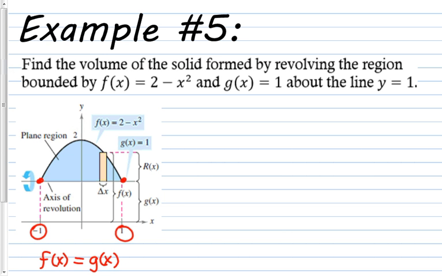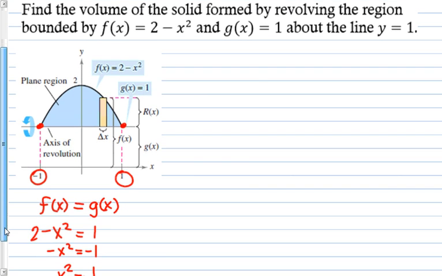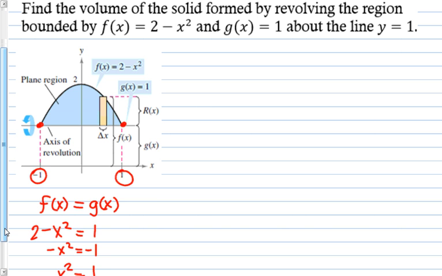Well, this thing is also going to be hollow, but we are revolving across the x-axis, I believe. Oh, about the line y equals 1. Sorry, we're revolving around the line y equals 1. I didn't read.